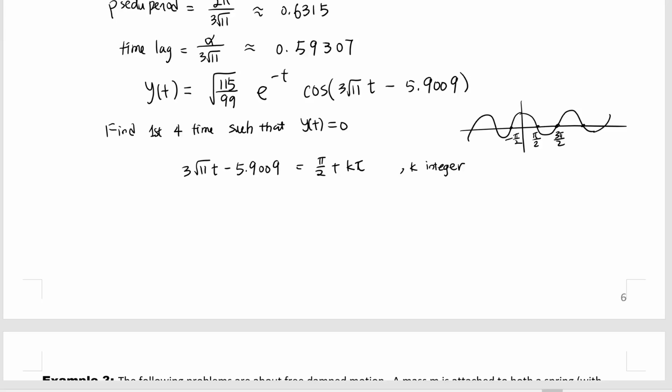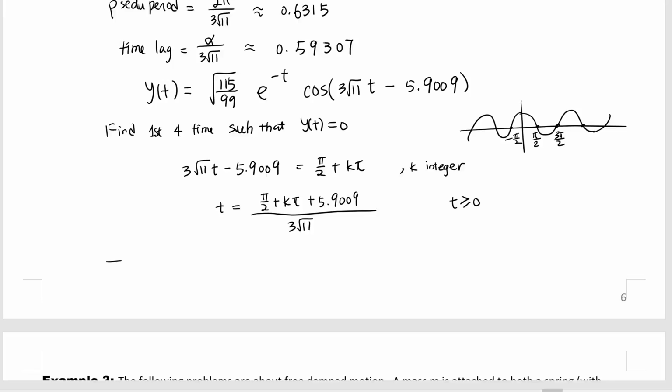Okay, so let's solve for t. Then t is pi over 2 plus k pi plus 5.9009 over 3 square roots of 11. We want to find the times that are greater than or equal to 0. So what values of k make this greater than or equal to 0?